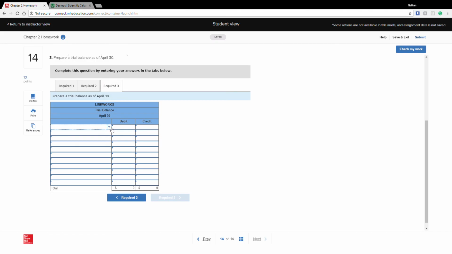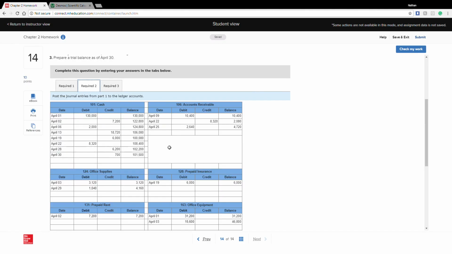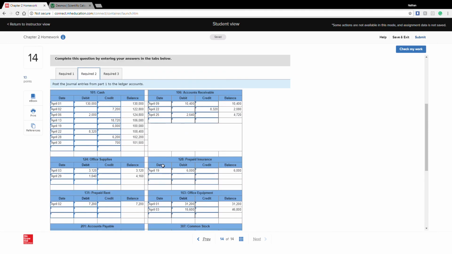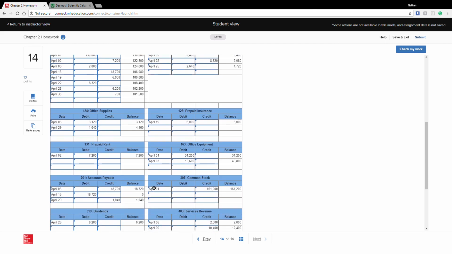So, right here on the trial balance, now that we have everything balanced out, and instead of taking a picture, it's probably just easier to go back and forth real quick. We're going to go down and basically go, notice these numbers? We're going to just go increase. So cash, accounts receivable, office supplies, prepaid, and keep going as the numbers increase.